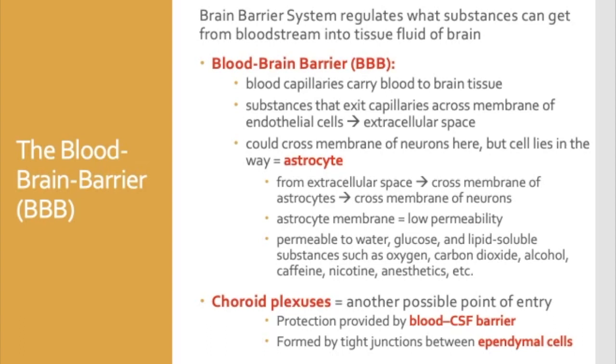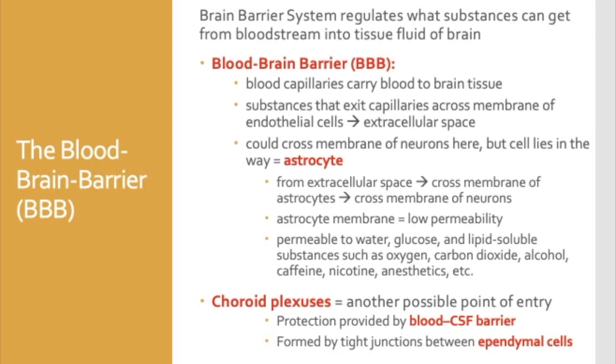The astrocyte membrane, it turns out, has a very low permeability. Remember what permeability is. It's a measure of how easy it is for something to come across. So a membrane that has a low permeability doesn't allow very much to come across. The astrocyte membrane is fairly permeable to things like water and glucose and lipid-soluble things like oxygen gas and carbon dioxide gas, even things like alcohol, caffeine, nicotine, various anesthetics.